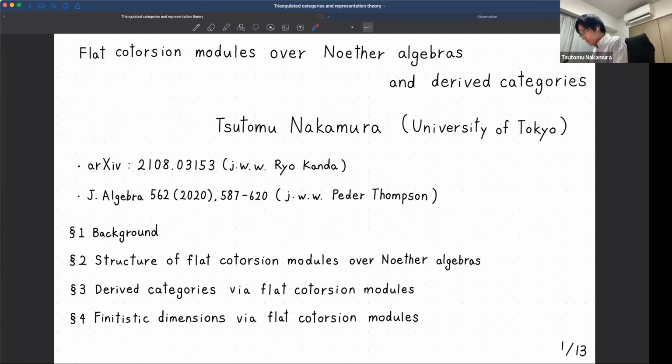The contents of this talk are divided into 4 parts. I hope I can manage to finish all of the contents, but the main result will be explained in the second section.